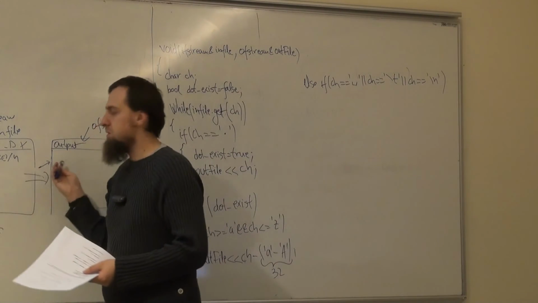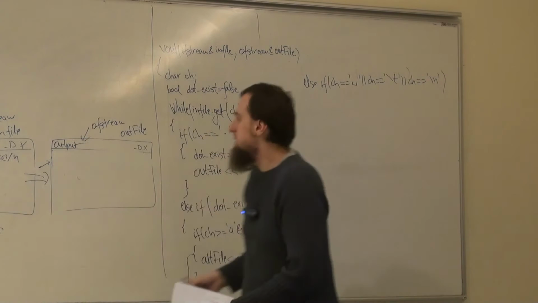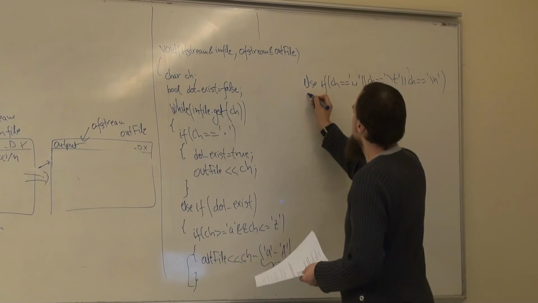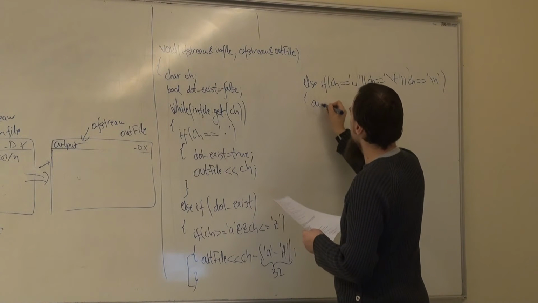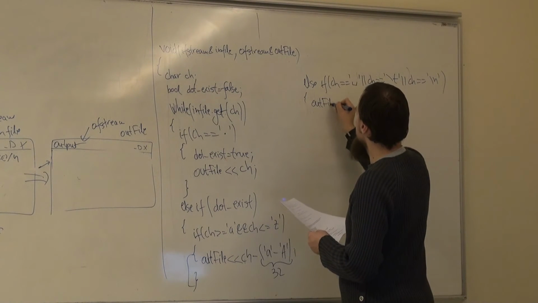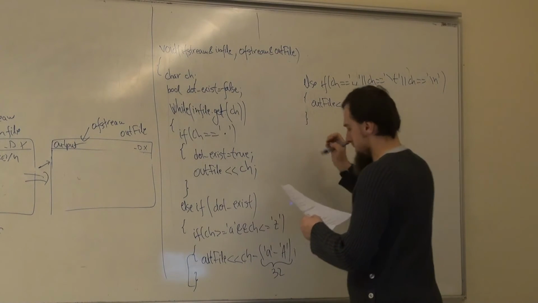If it's an empty space, we write the empty space. If it's a new line, we write it. If it's a tab value, we write it as it is. That's why we can just write something like this. Out file, the character.